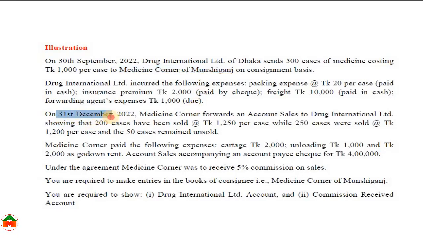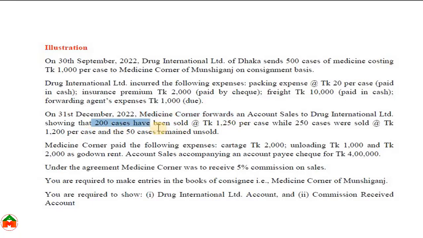We can see on 31st December the medicine corner, I mean the agent or the consignee, forwarded an account sales. We know that after making the sales, the consignee, I mean the agent, prepares an account sales, and in that account sales the consignee mentioned the amount of sales as well as the rate of sales.